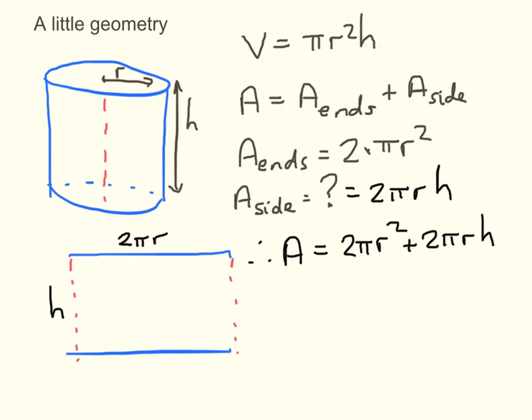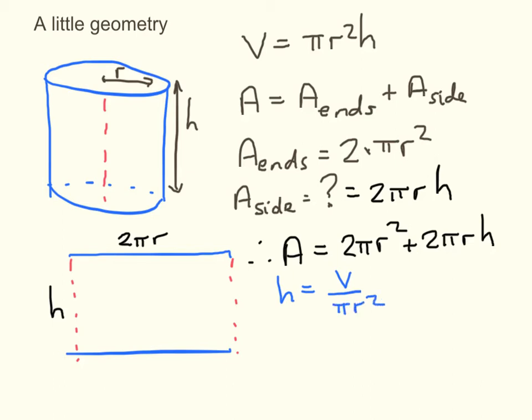So in particular, I can rewrite h in terms of the volume divided by pi r squared. I can say that pi r squared h is equal to V, divide both sides by pi r squared, h is equal to V divided by pi r squared.